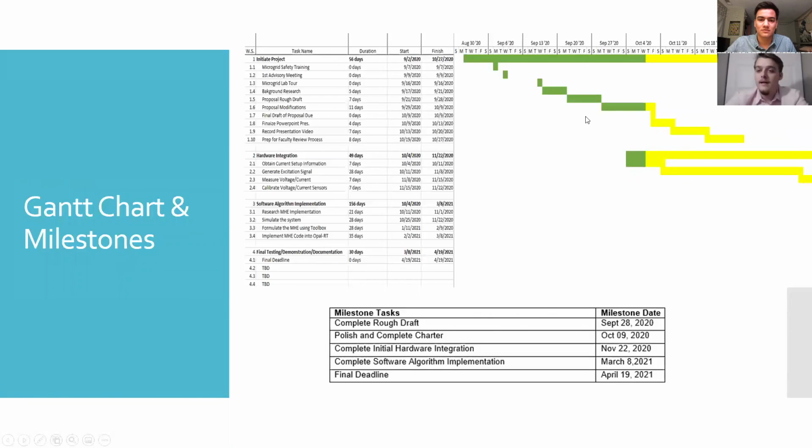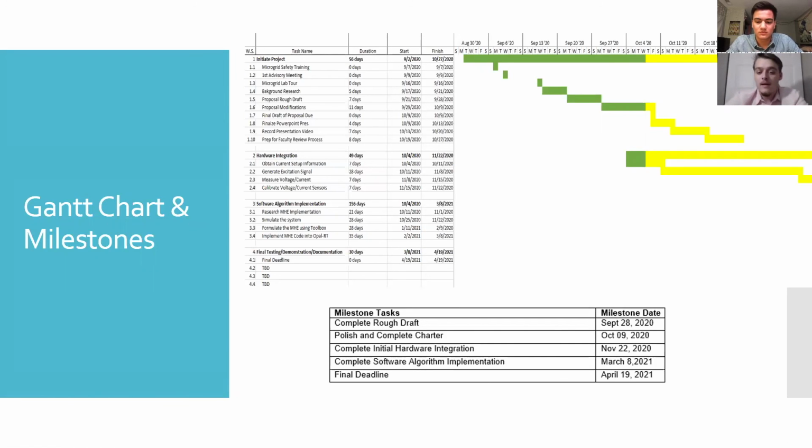All right, moving on to the Gantt chart and the milestones. Just going to give a brief look at our track here. We finished our rough draft and completed our charter, submitted October 9th for the due date.